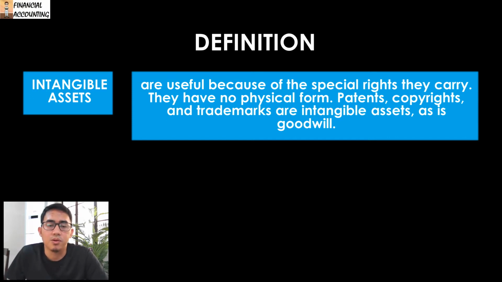Trademarks, also. A trademark is a specific sign or mark that identifies the item. For example, in Jollibee, the trademark is the bee, the Jollibee. You cannot actually use that in your store, because that is a trademark of Jollibee.